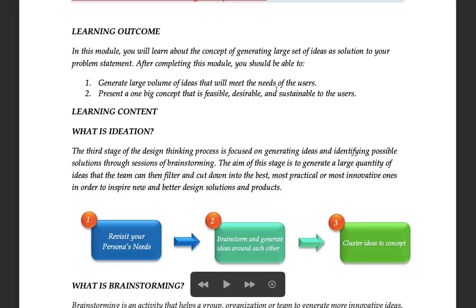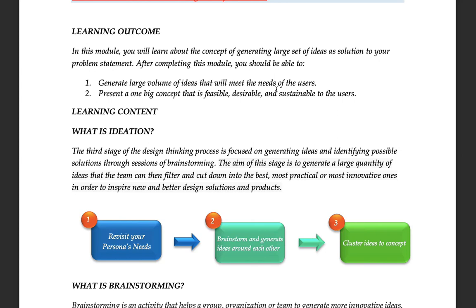The aim of this stage is to generate a large quantity of ideas that the team, or the individual, since some of you work alone, can then filter and cut down into the best, most practical, and most innovative ones in order to inspire new and better design solutions and products.